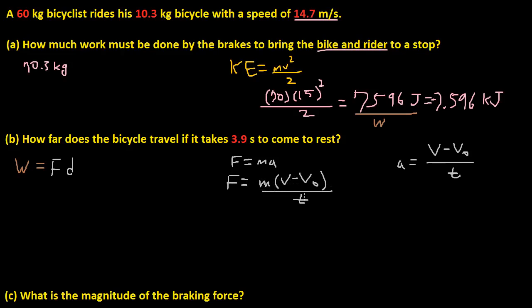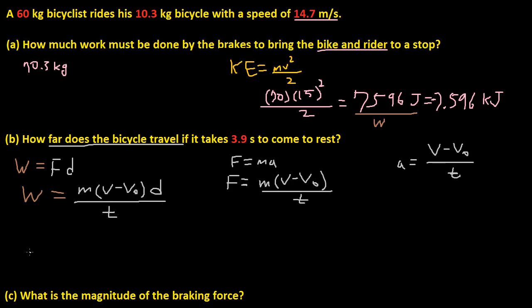Now we have our force. Let's substitute that in. So we get W, our work, is equal to mass times v minus v naught over t, times d. Because it's asking for how far the bicycle travels, let's solve for d.